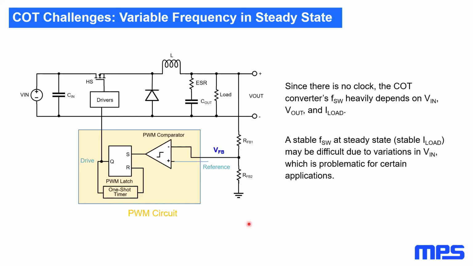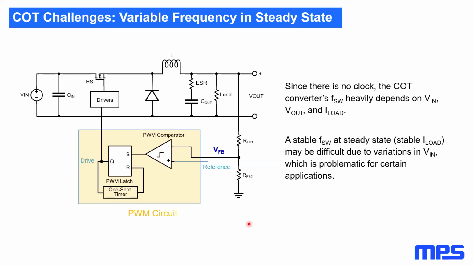Therefore, we need to deliver these bursts of energy at a higher frequency. It's also going to depend on the operating point or the conversion ratio between the input voltage and the output voltage. This means that even if we have a steady load current, if we have variations in the input voltage, this can make the steady state frequency vary in a certain margin. This can be problematic for certain applications.